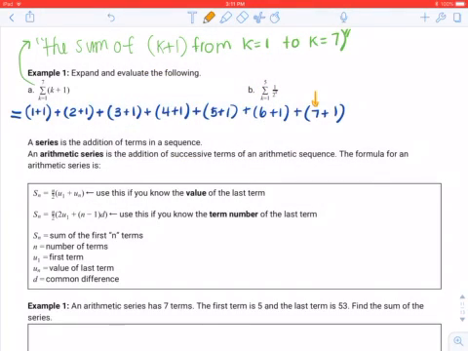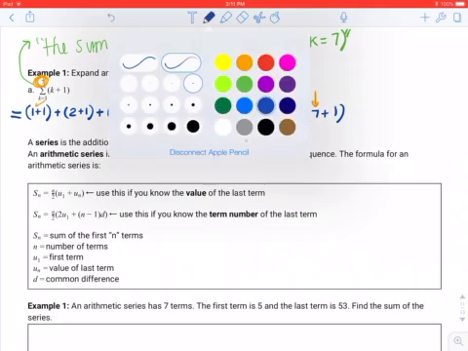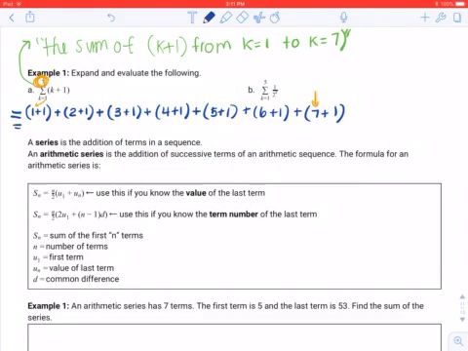And I stop at 7 because that's the number at the top. I started at 1 right here, and I stop at k equals 7 because that's the number on top of my sigma.